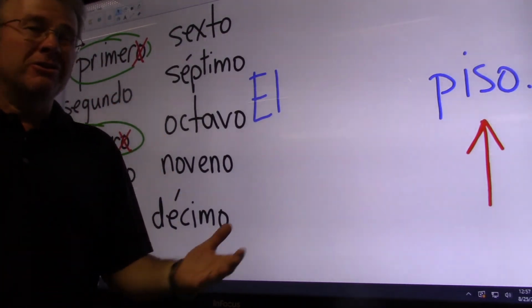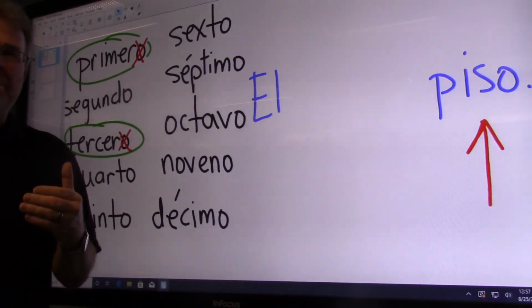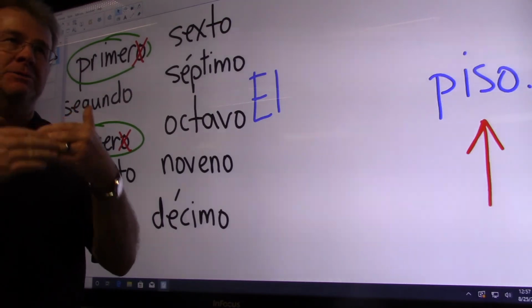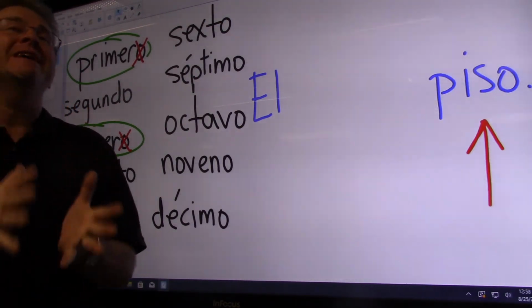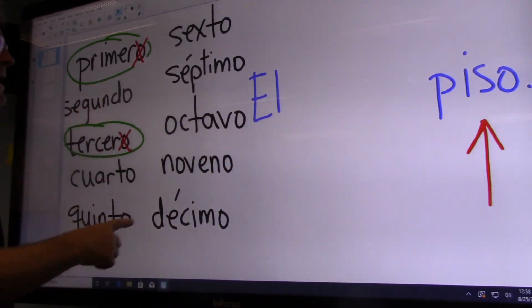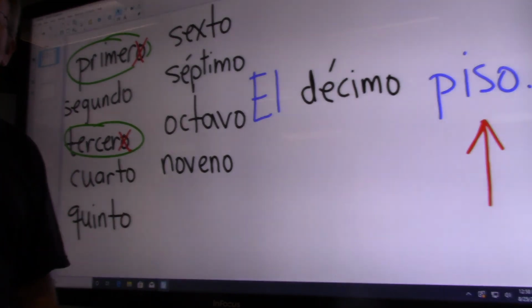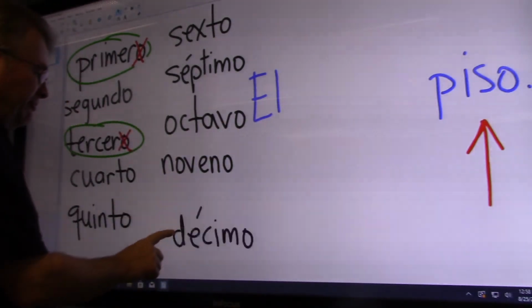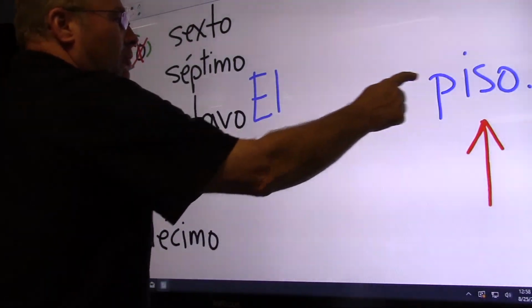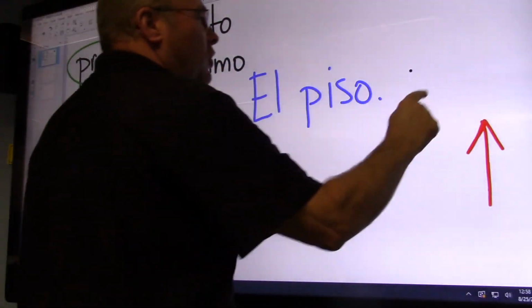And that's essentially all there is to it. Clase, por favor, remember, with ordinal numbers, Spanish speakers stop expressing them or using them after 10th. So for example, the 11th floor, well here, let's just back up. The 10th floor would be what? El décimo piso, el décimo piso. But the 11th floor would simply be el piso once.